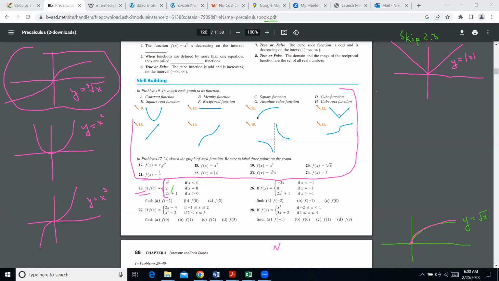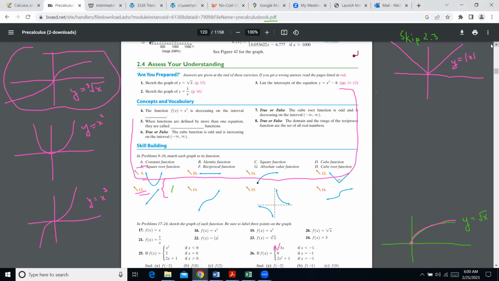Like, for example, what about exercise number 17? Remember that for this class, I asked you to do some of the practice problems. And the practice problems are at the end of the section, just like in every textbook in mathematics. So I went to the end of section 2.4.